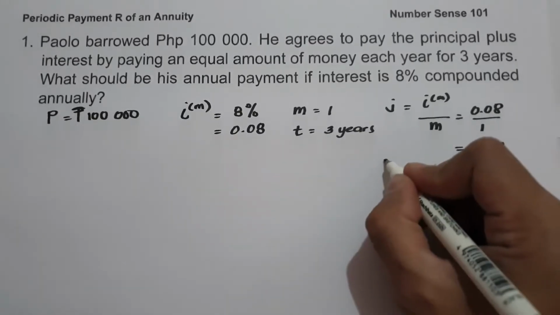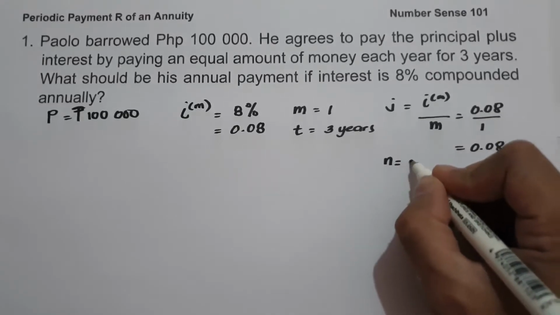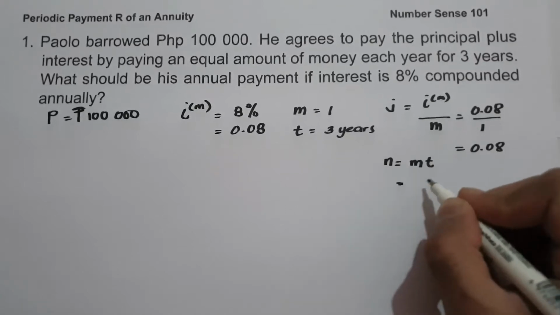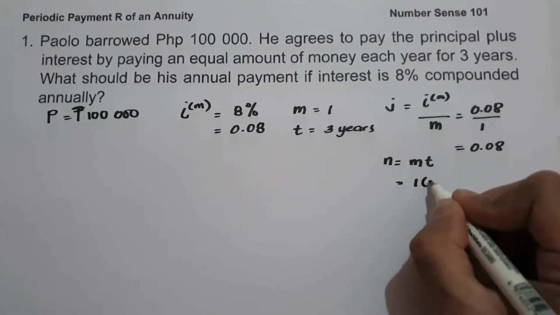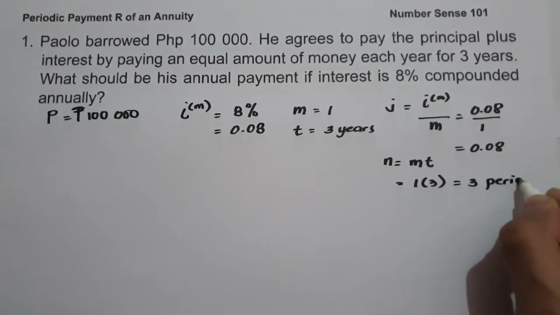And to determine the number of payments, let us have n equals number of conversion periods in a year times time, that is m times t. It will give us 1 multiplied by 3, it will give us 3 periods.